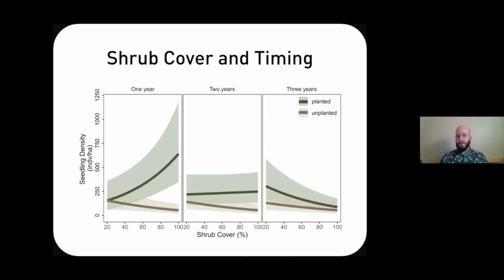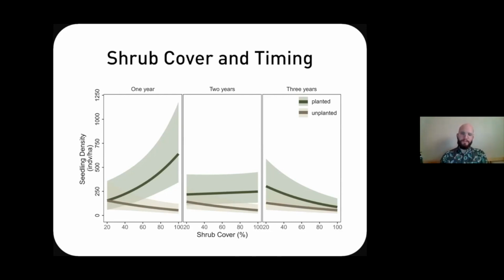But then in year 3, that pattern has ended, but there's a reversal where in the low shrub productivity areas, planting increases tree density now, whereas in the first year it didn't. So what's going on here?